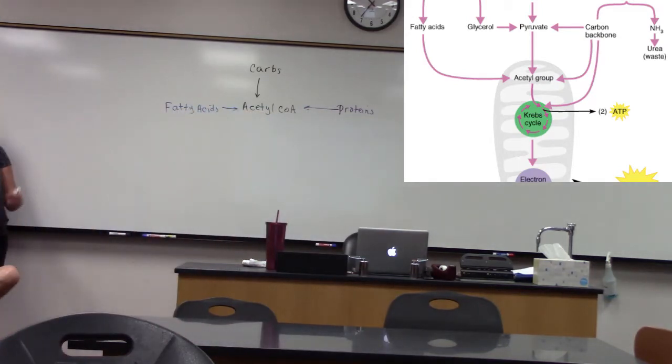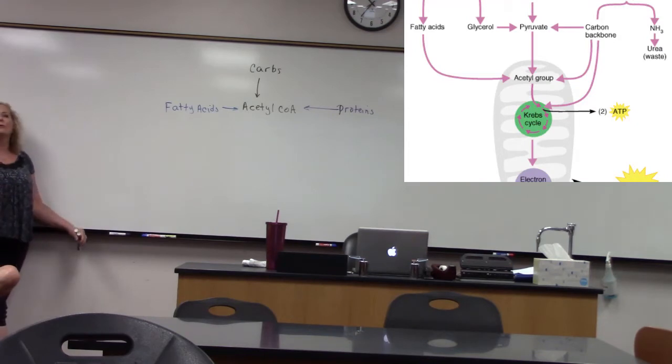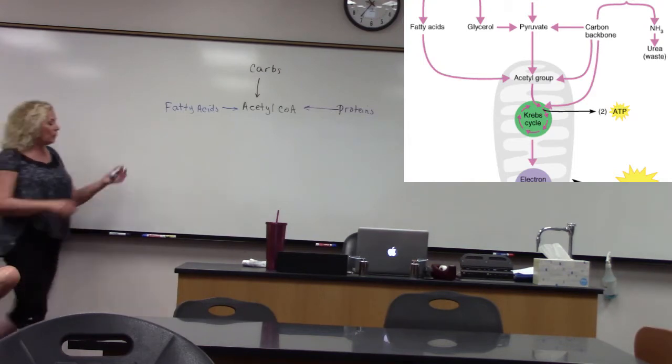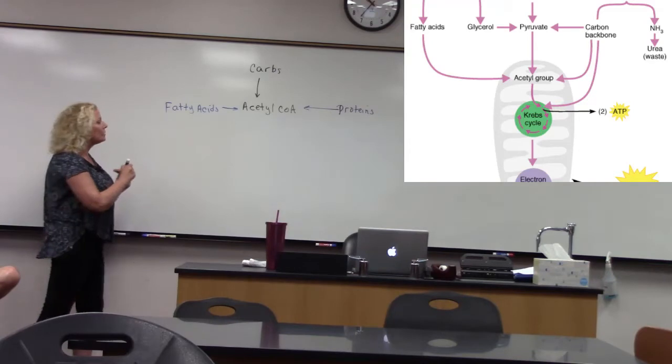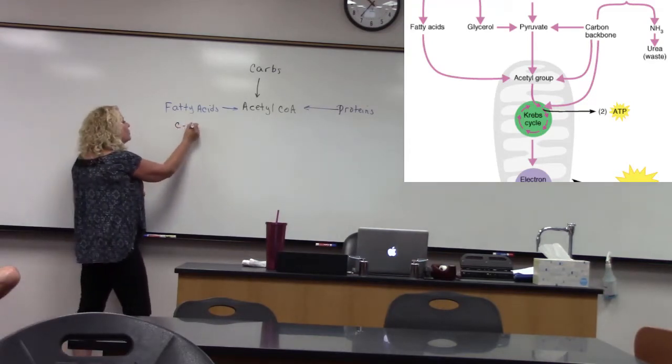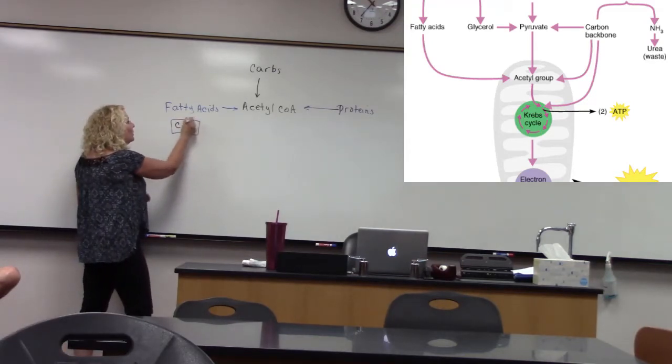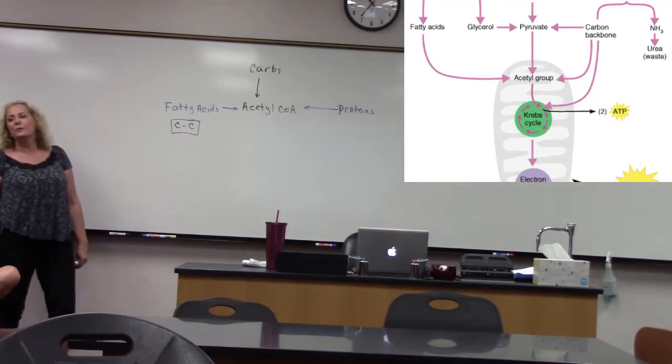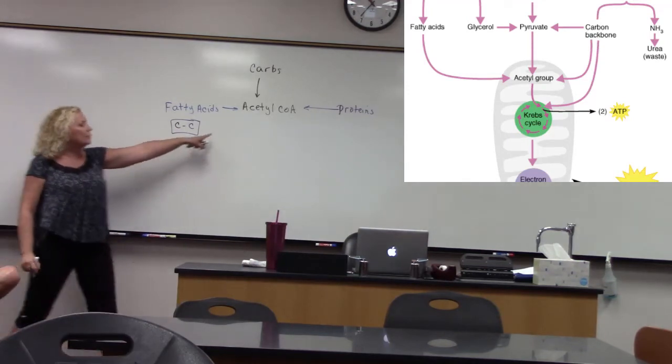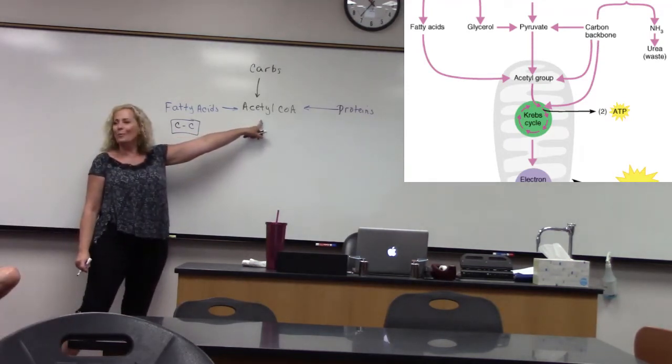So it doesn't matter what type of macromolecule, carbs, fats, proteins, we're all eventually going to break them down into acetyl coenzyme A. Remember when we talked about fatty acids and I told you in the fatty acid chain you take 2 carbons at a time and turn those into energy? Well, acetyl coenzyme A happens to be a 2-carbon molecule.